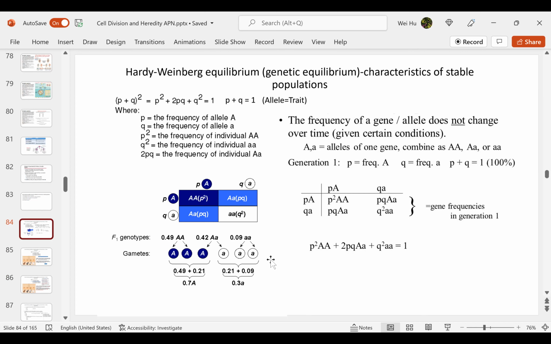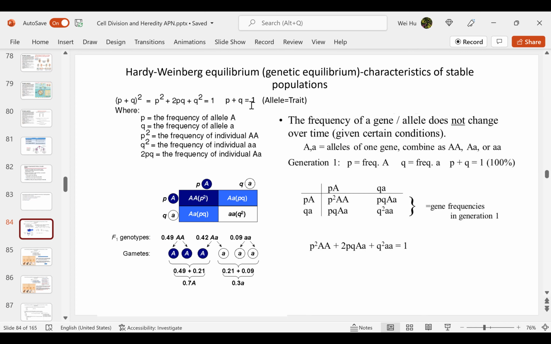So you have 2 alleles, and you can show phenotypes. If you only have 1 allele, you will not show phenotypes. That is clear, okay? So a gene has 2 alleles. Now let's say one allele is P and another one is Q. So those 2 make up 1 gene. So P plus Q equals 1.